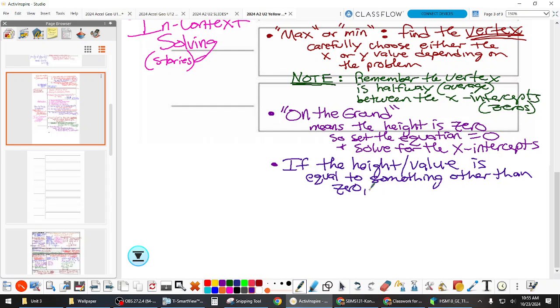Like the golf problem, if we said, hey, when will that hit a 15-foot high target? So, yeah. Then what? Equals 15. How do you solve? Can we leave that 15 over there?